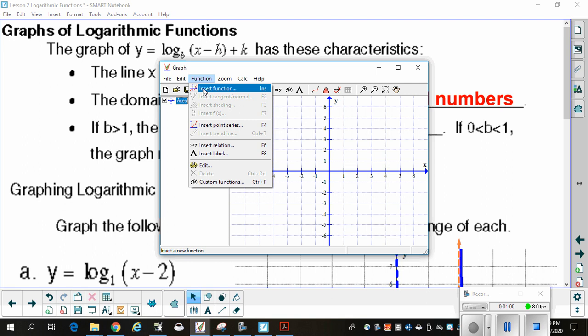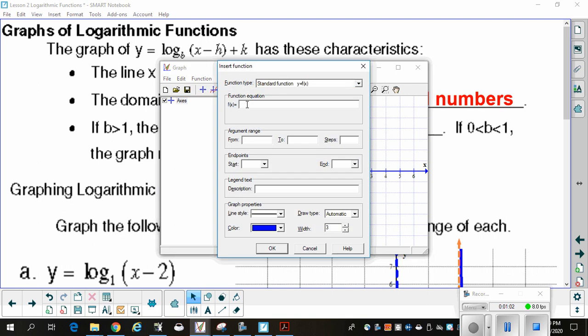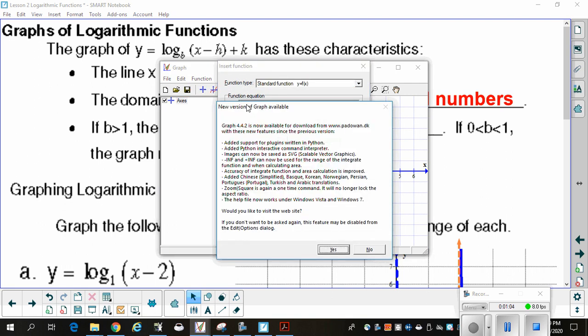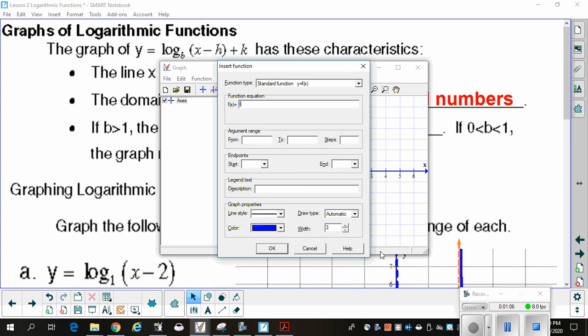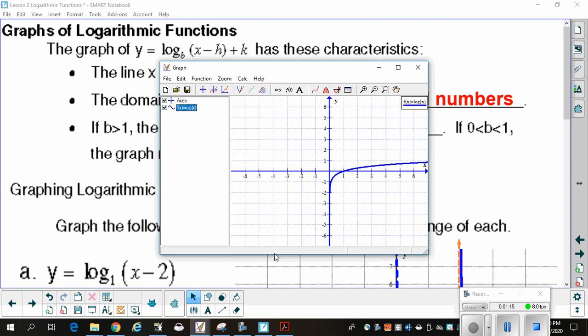So function, insert, log of x. Okay, so notice it goes up, right to left. A log is the answer, the y values are your exponents.